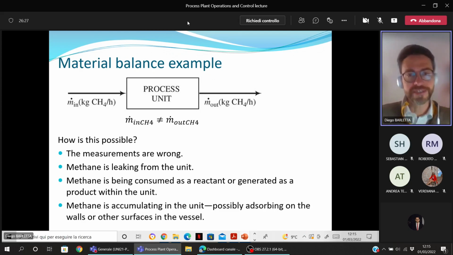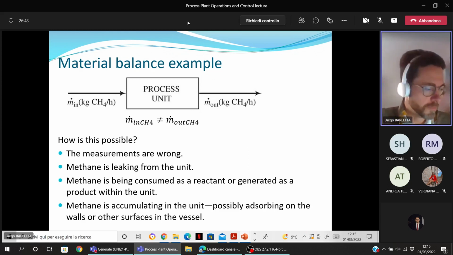Okay, like a sponge that absorbs air. Okay, a different mechanism, but in principle. So this means that we need to consider this possibility when writing a material balance on a species.